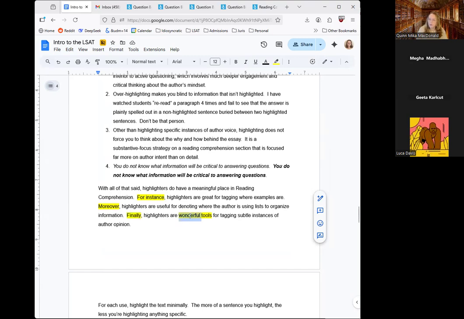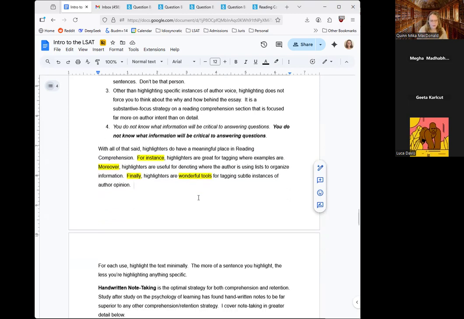So, for example, if an author says "wonderful tool," it's pretty clear they have a very positive opinion of the tool. They didn't go on about it at length, but capturing that word, that subtle instance of author opinion, can be really powerful. So that's good usage of highlighters. You find tactical, specific things that you want to highlight, never full sentences. You are giving yourself a visual map of the passage when you use a highlighter.